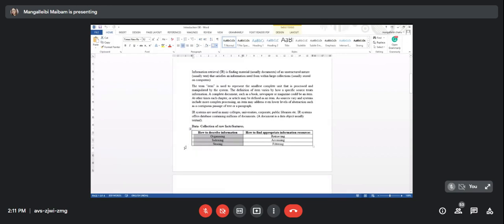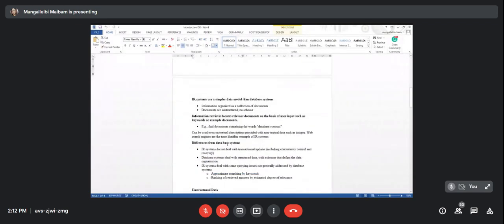Storing of information can be done by organizing, by indexing, or by storing the information. For retrieving the information, we have the retrieving action, the accessing action, and the filtering action. These are the retrieving techniques and these are the storing techniques.